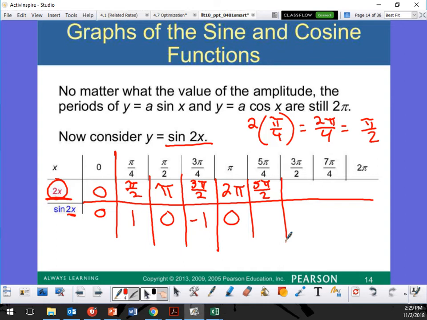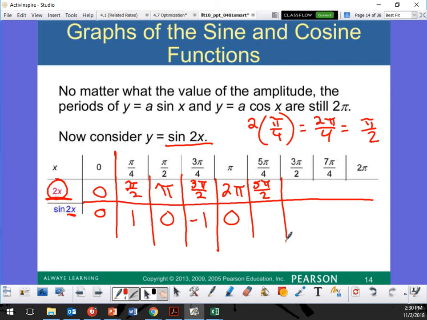Did you guys do it? Okay, you just traced it. Now keep your finger there. Now go from pi over 2 to pi. Now follow the pattern.